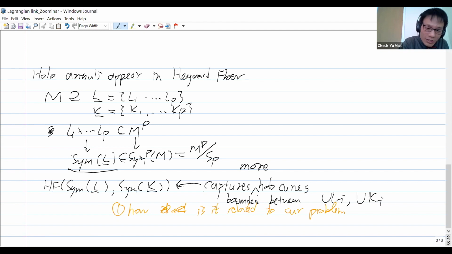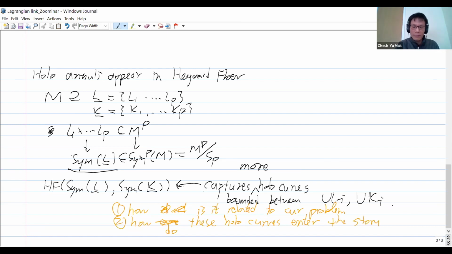And the second question is how these holomorphic curves enter the story. Which means that I have to explain why symmetric products can capture small holomorphic curves. Okay. Any questions so far? Okay.